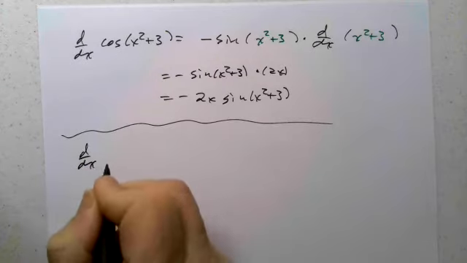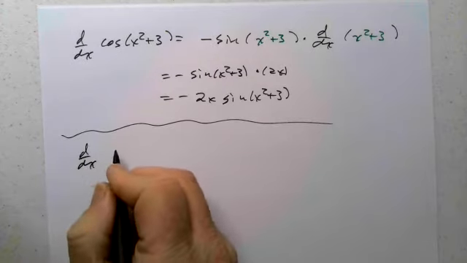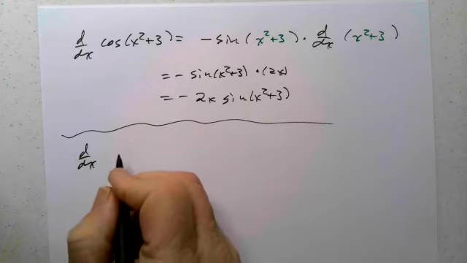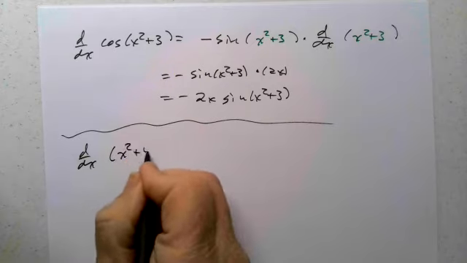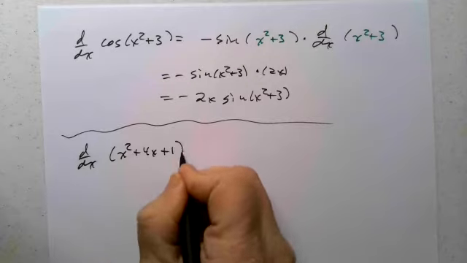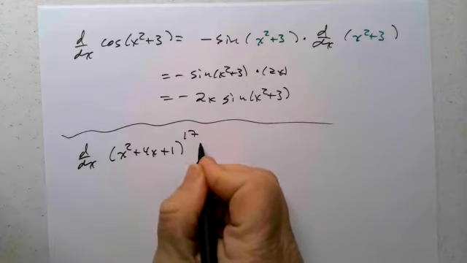What is the derivative with respect to x? Show our power rule kind of approach, right? What if I have the derivative with respect to x of x squared plus 4x plus 1 to the 17th power?